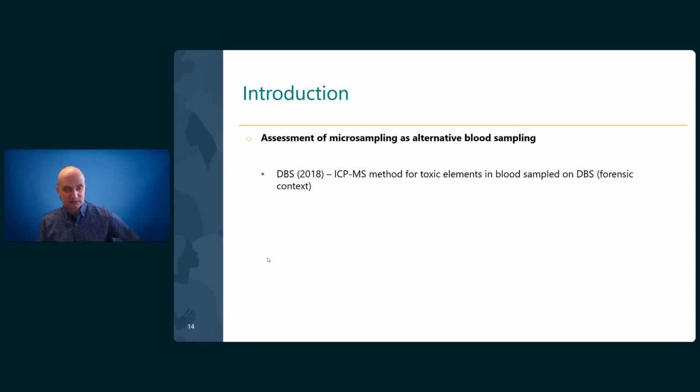On our side, we started working with DBS technology in 2018. The first attempt was to develop an ICP-MS method for toxic elements in blood samples on dry blood spots or on Whatman paper, especially in a forensic context. So at that time, we were targeting some elements in the forensic context.